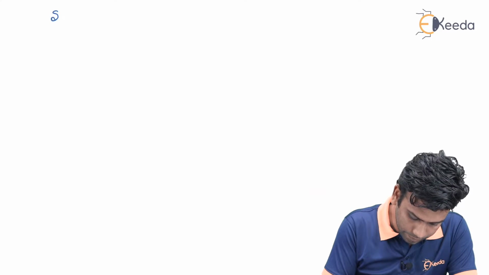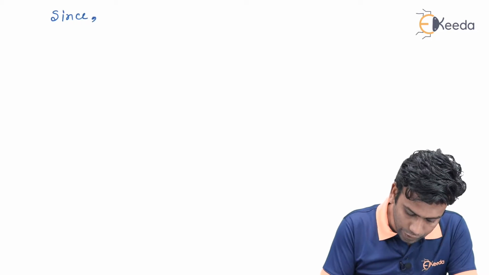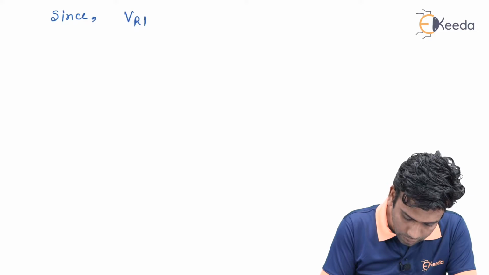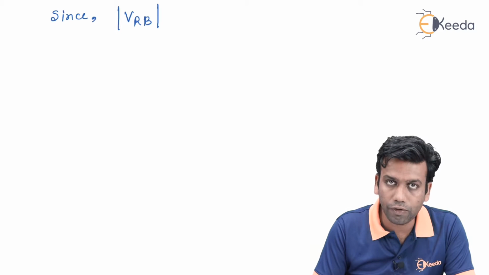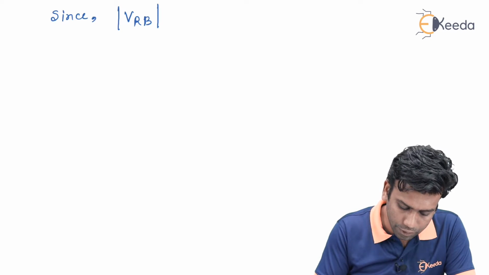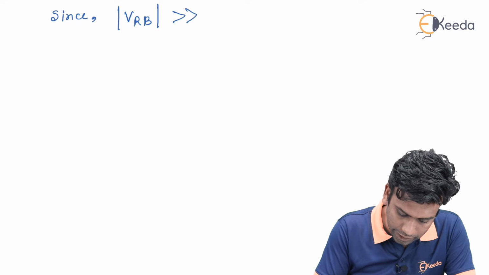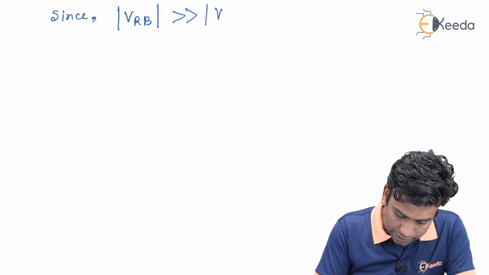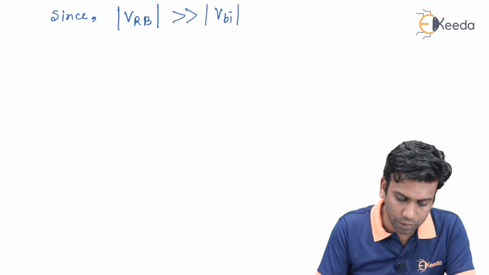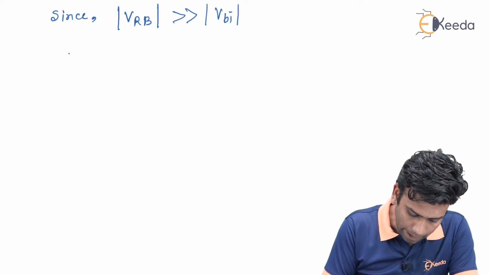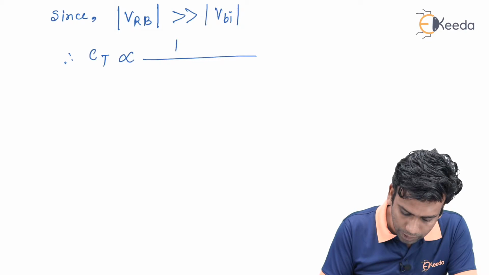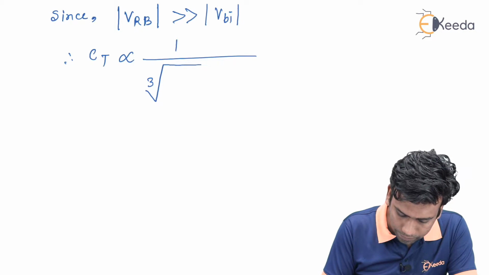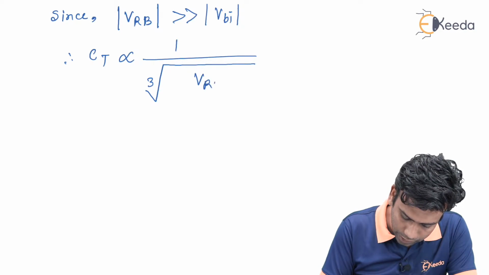So, we know that since |Vrb|, that is the reverse bias voltage that has been applied to the diode, is very much greater than the built-in potential inside the diode, we can say approximately that Ct is proportional to 1 by the cube root of |Vrb|.